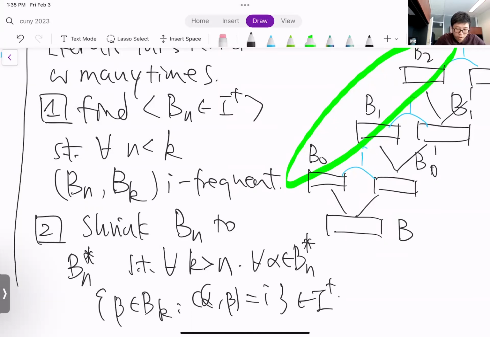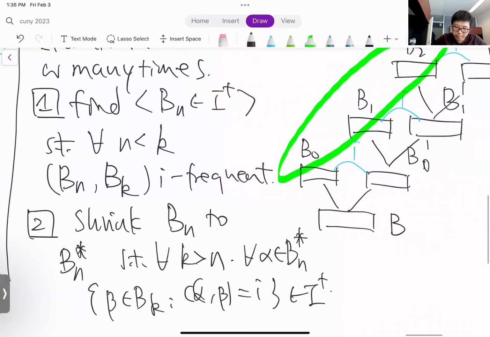So this is also not too bad. We can do this just because all of these pairs are I frequent. So you can just throw away the null set that you don't want to consider.